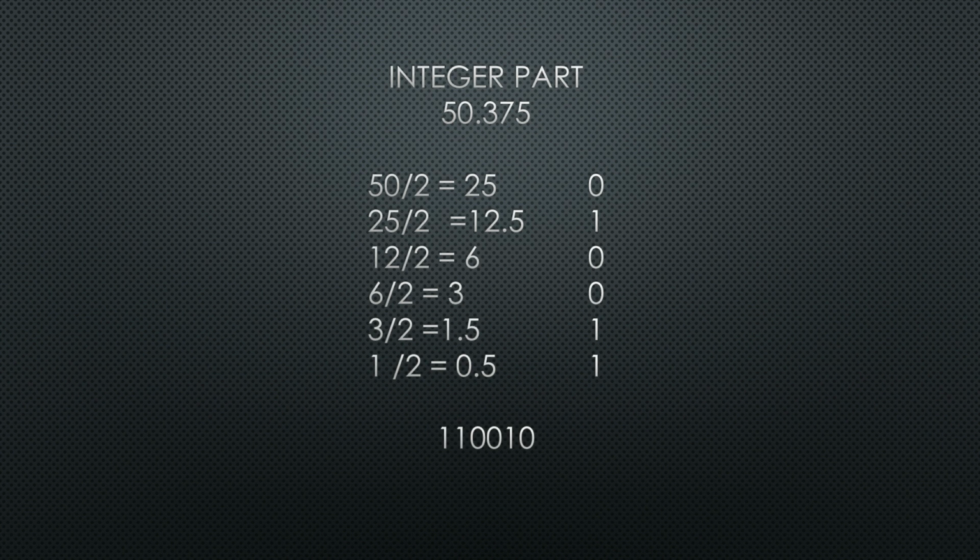No leftover, so it makes a 0. 6 divided by 2 is 3, no leftover. 3 divided by 2 is 1.5, with a remainder, so we put down 1. And the 1 divided by 2 has a remainder, so another 1. And now, since our integer is 0, we stop. And reading it from bottom to top, we have 110010.